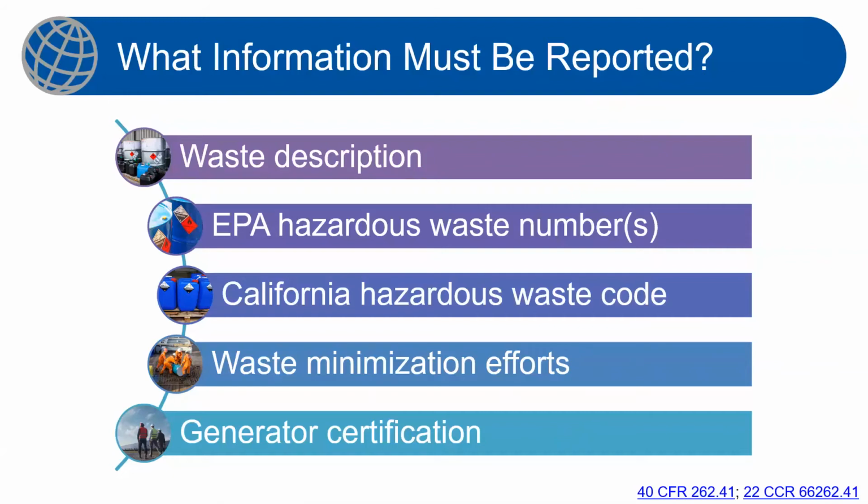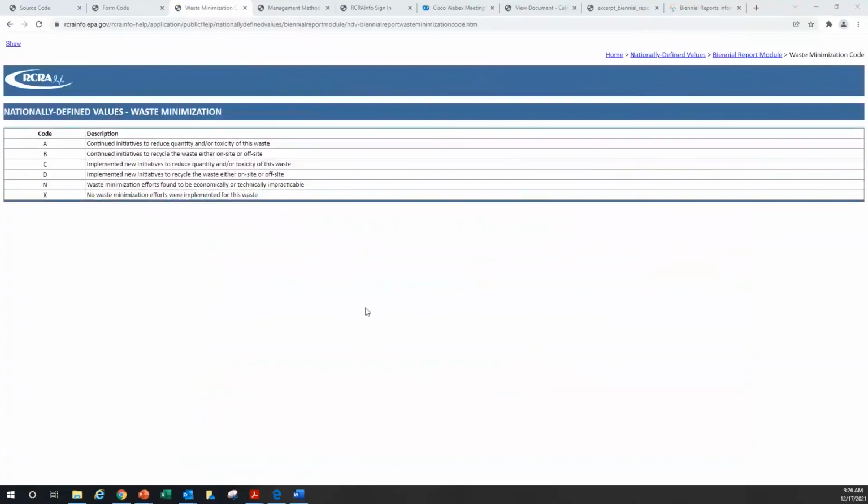We also have to include waste minimization efforts. Now, in regards to the waste minimization efforts, it is a specific code that we have to provide. And the code identifies the waste minimization effort associated with that specific waste stream.